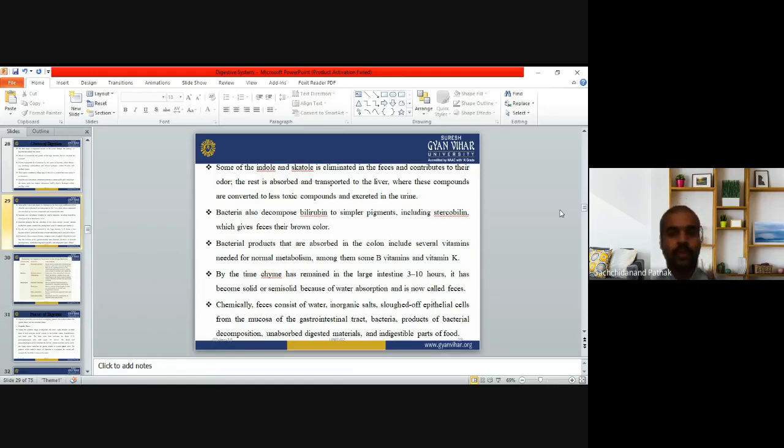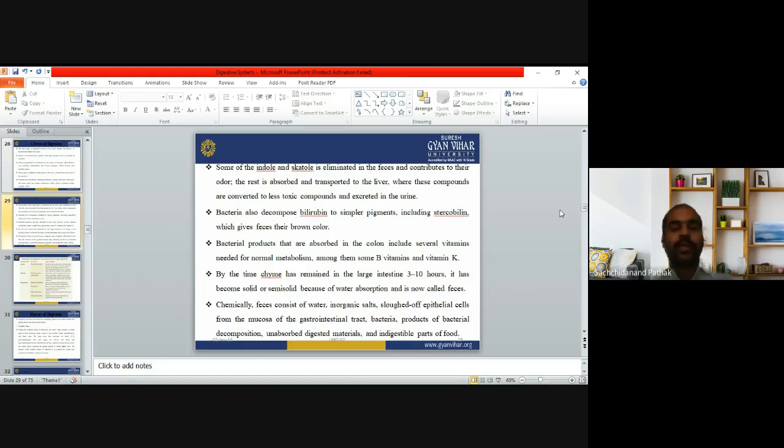So the bad odor you smell is due to the presence of indole and skatole eliminated in the feces. Bacteria also decompose bilirubin to simpler pigments, including stercobilin, which gives the feces their brown color. So the feces color is due to stercobilin, and the feces odor is due to indole and skatole.